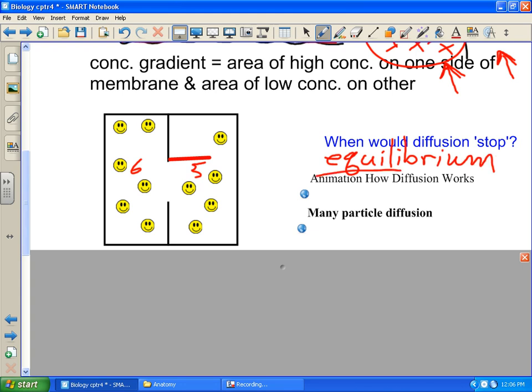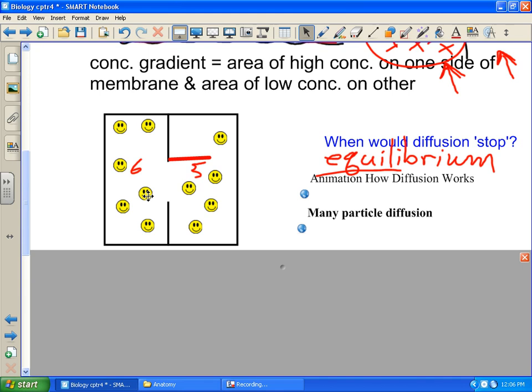Keyword: equal. In this case, we may not be able to reach equal exactly, but as these guys are moving around, they will balance out. You won't have that high and low. You'll have it balanced.